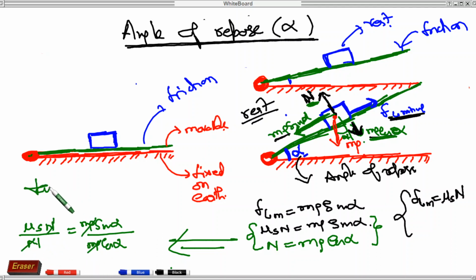So tan alpha is equal to mu s. This is what is angle of repose. You can remember one thing, that there is no motion. This block is in state of rest.